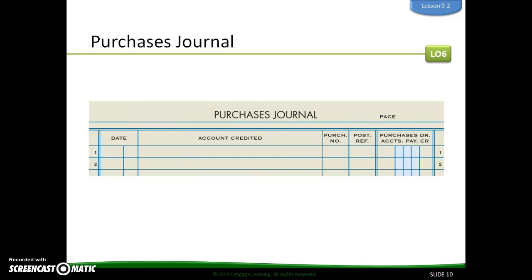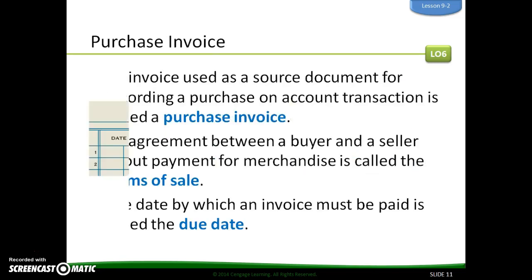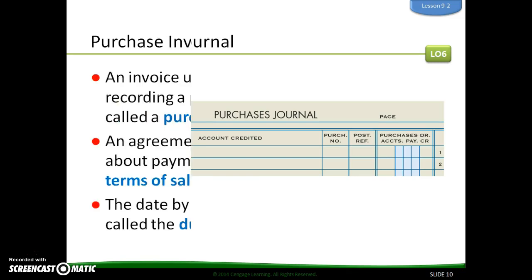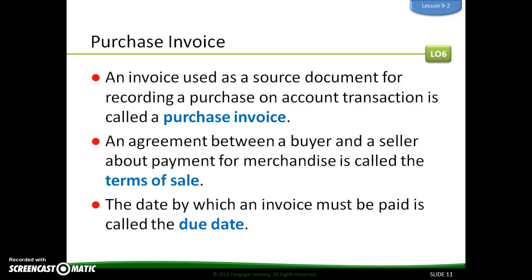So we're looking at this purchases journal. Whoops, sorry, I went too fast again. You're looking at the purchases journal right here, and you're seeing where we would enter the date, the amount that's credited, the purchase number, and the post reference. All right, so a purchase invoice, this is the invoice that's used as the source document for recording the purchase on account transaction.